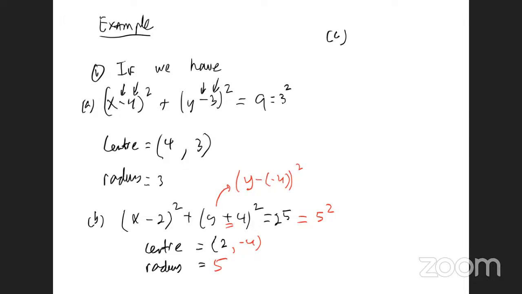Are you okay with that? Good. Right, let's make it a little more complicated now. X plus 2 squared plus y squared is equal to 5.